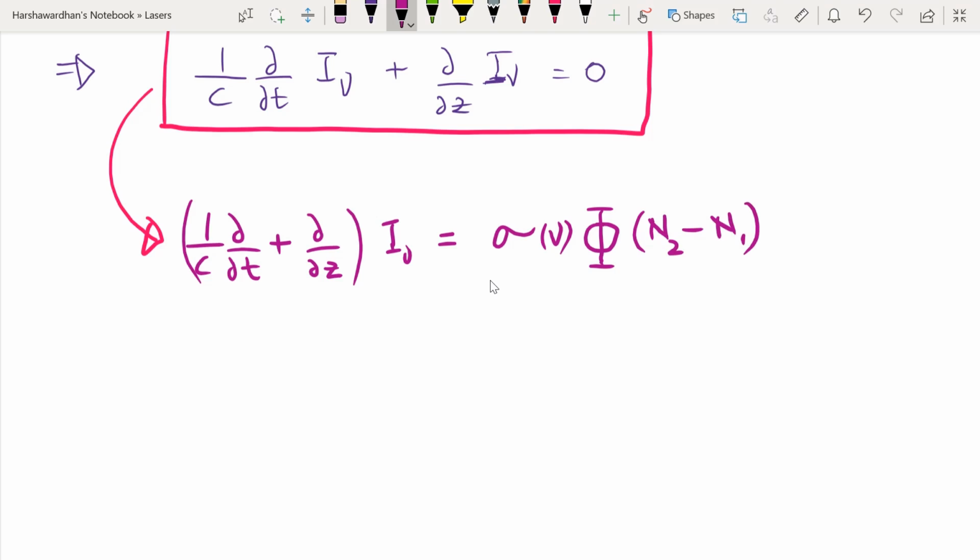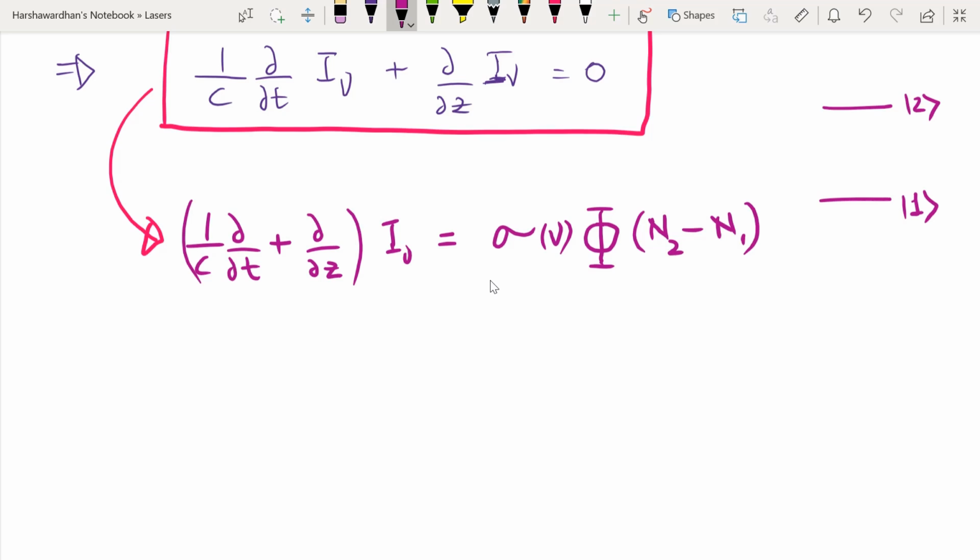So if I have atoms sitting in the ground state, right? Remember that my ground state is level 1 and my excited state is level 2. So if I have an atom sitting in the ground state, that will lead to absorption. Hence on the right hand side, I will essentially get the rate at which population is decreasing, right? Because there's a negative sign. And similarly, if N2 is larger, I would get the rate at which population is increasing.